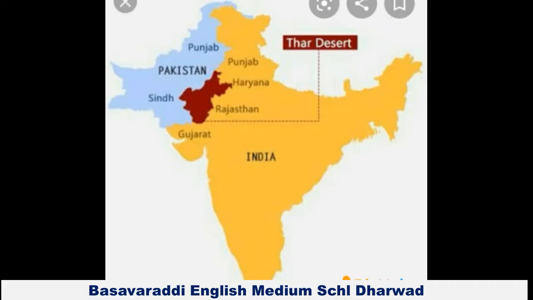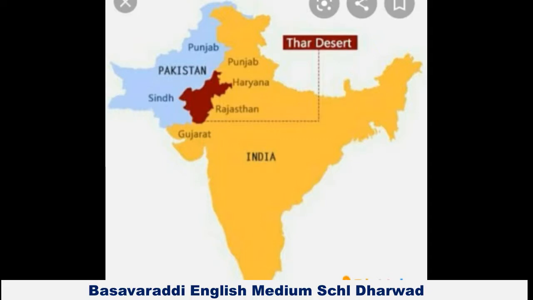All deserts are not sandy and hot. Some are cold and some are rocky. But all deserts are very dry. For example, the tropical deserts of the world are located between 20° to 30° north and 20° to 30° south latitudes on the western sides of the continents.